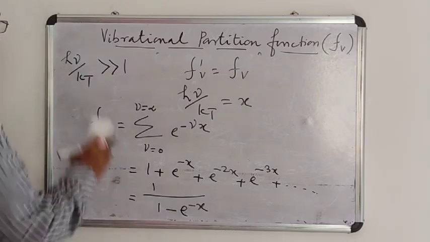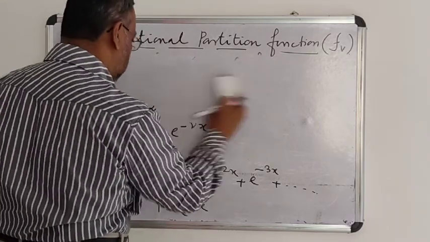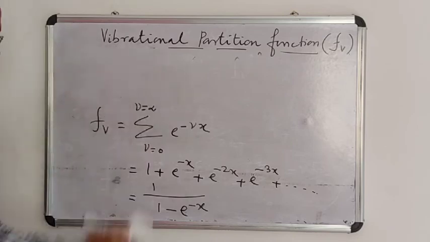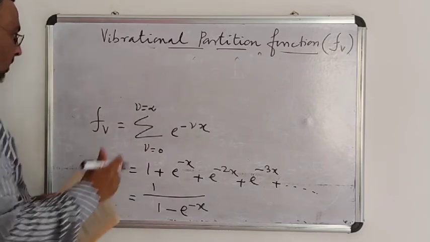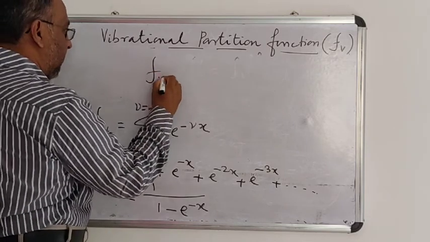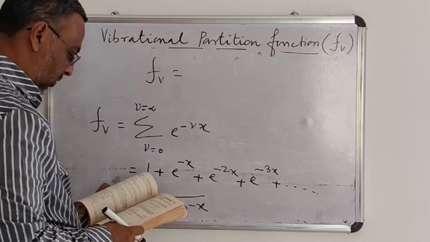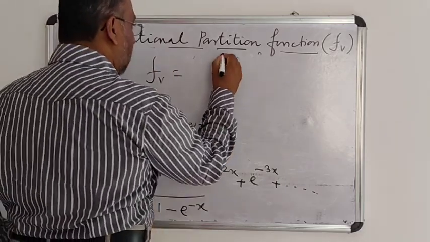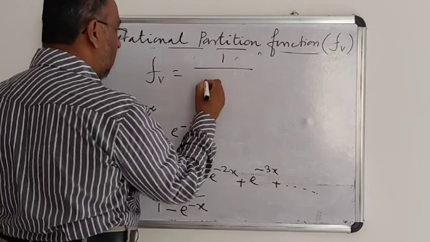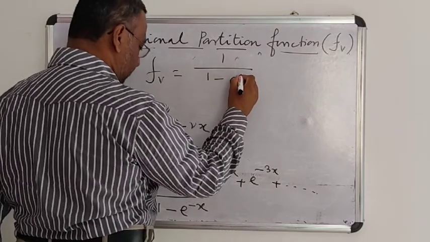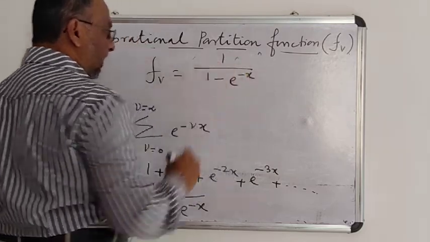Therefore, the vibrational partition function will be equal to 1 divided by 1 minus e power minus x.